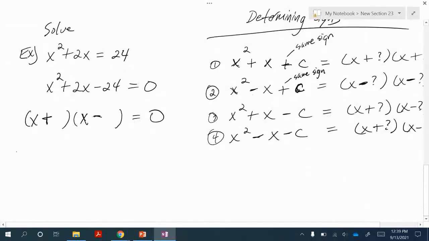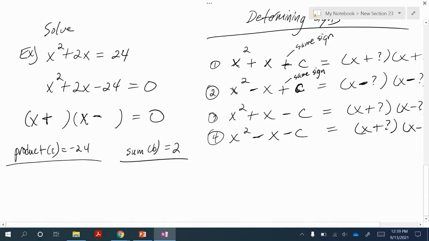We need 2 numbers whose product is equal to negative 24 and whose sum is equal to positive 2. Keep in mind that one of the numbers is negative and one of the numbers is positive.